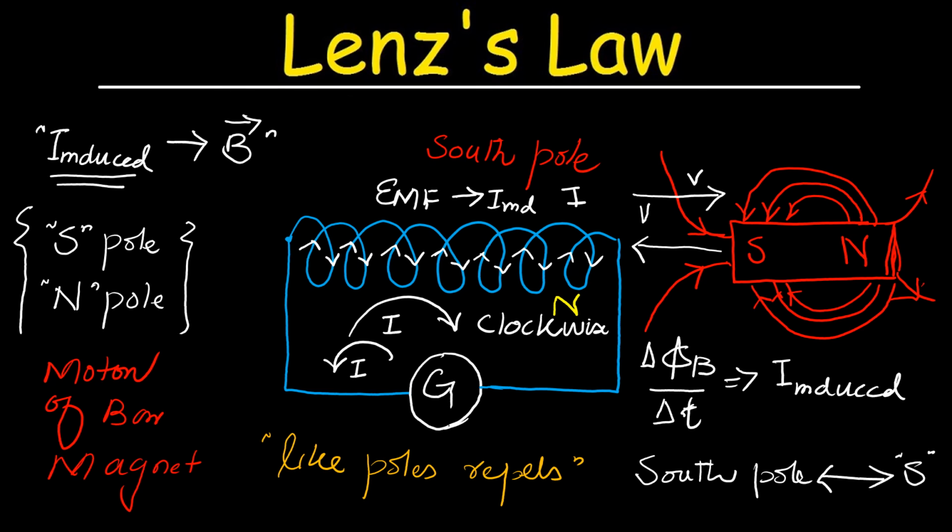So when a magnet moves away from the conducting coil with a certain velocity, there will be an induced current, but its direction will be anti-clockwise, and the polarity of the coil will change into a north pole, and in this case the coil will attract the bar magnet.